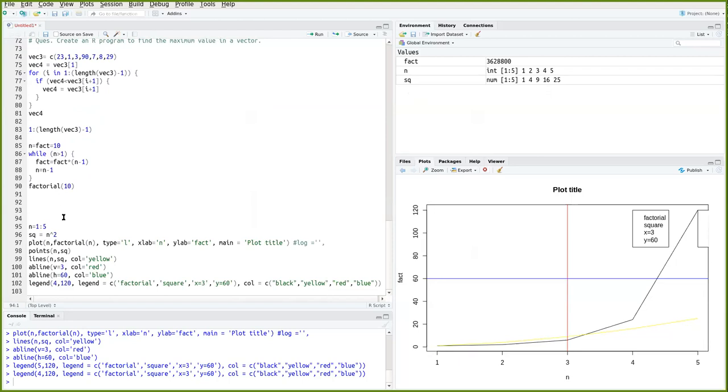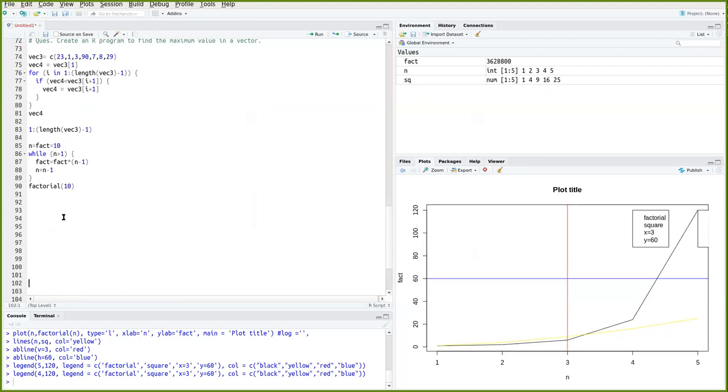In R, you already have a factorial function. I hope you know what a factorial is. For example, if I want to find 5 factorial, it looks like 5 with an exclamation mark. It is equal to 1 into 2 into 3 into 4 into 5.